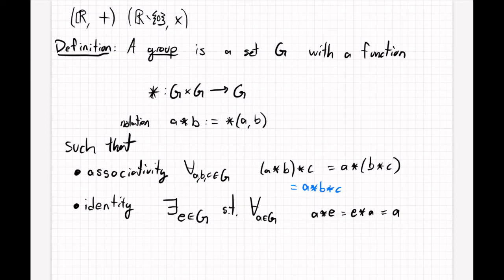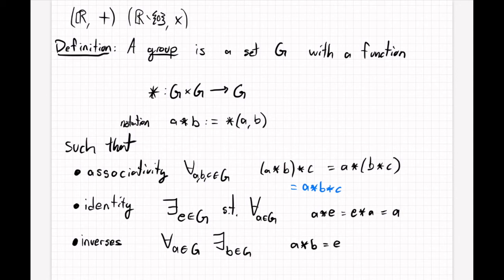And now the final property, and the most important property for a group at least, is the inverses property. And that inverses property says that for every element, I'm calling my element A, there exists another element in G, which has the property that A star B equals the identity.